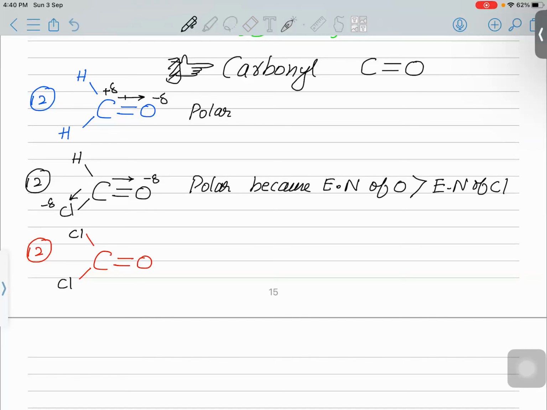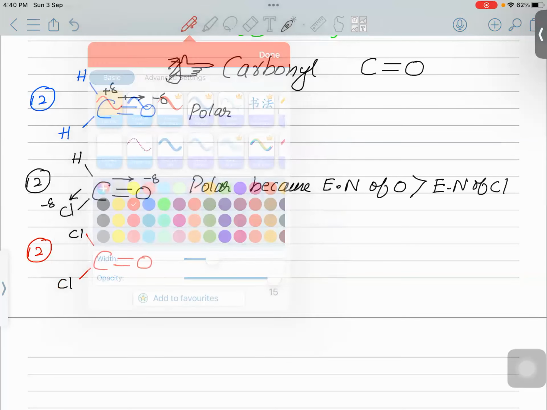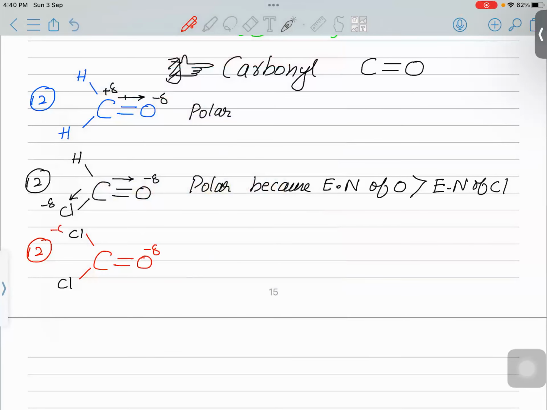Now tell me, is it polar or non-polar? Now this is non-polar, because the electronegativity of oxygen is equal to 2 times the electronegativity of chlorine.